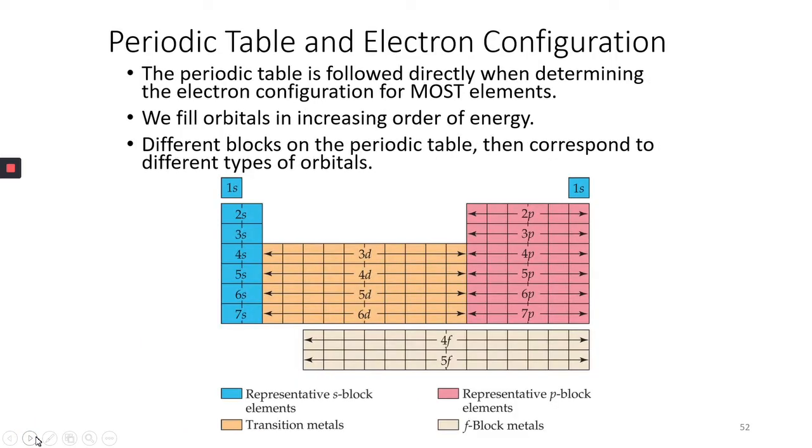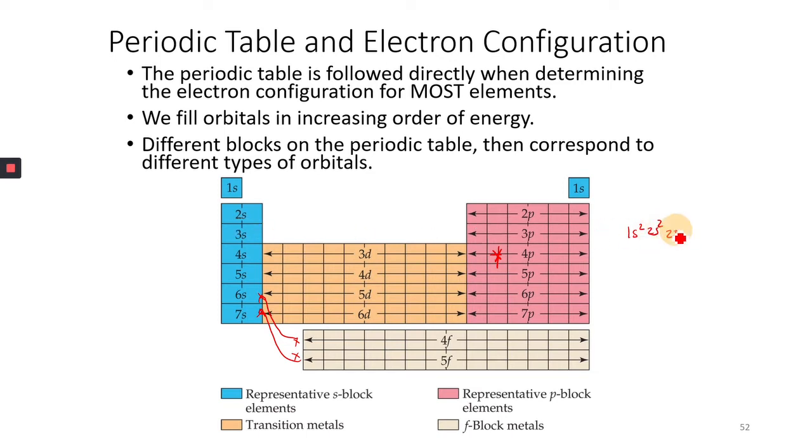Now to put it in a format that you're going to see more commonly, here is the way you normally see the periodic table. And just know that these guys are fitting in right here and right here. Don't forget to count them, okay? So say you wanted to write the electron configuration for this element here. You just go across. I'm filling the 1s, and there's 2 of them. I'm filling the 2s, and there's 2 of them.